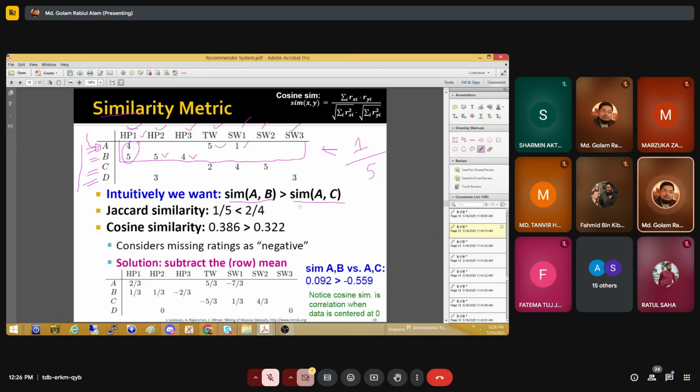Then we need to find out the Jaccard similarity between A and C. If we consider A and C, in that case, think about this one, and the C is that one.